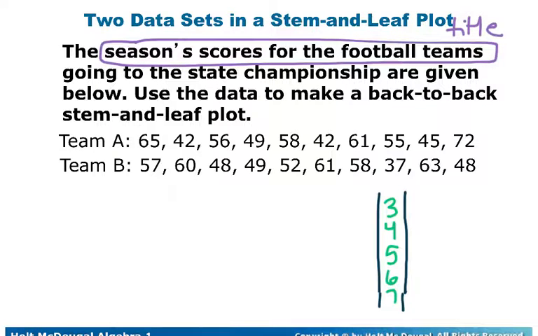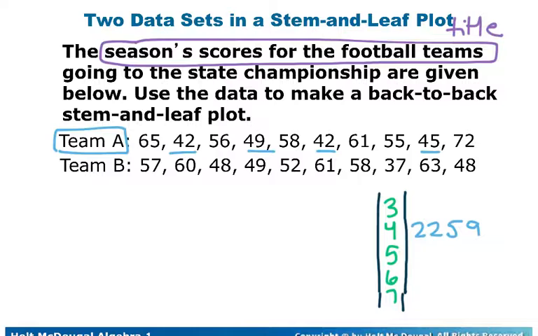From there we can go ahead and put them in. For Team A, I'll go ahead and make those blue coming off of this stem. There are no 30s in the first one, but there is a 42 and a 42 and a 45 and a 49, so 2, 2, 5, and 9.